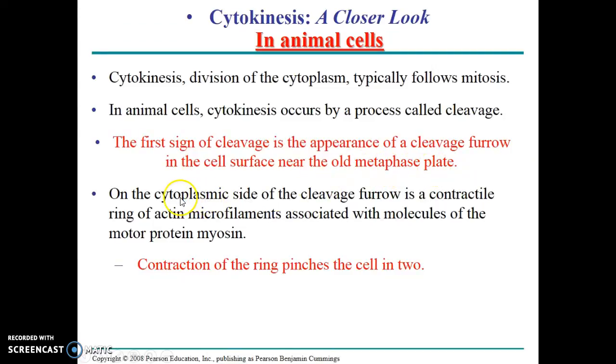On the cytoplasmic side of the furrow is a contractile ring of actin microfilaments associated with molecules of the motor protein myosin. Contracting the ring pinches the cell into two.